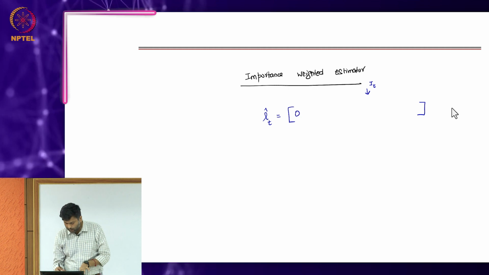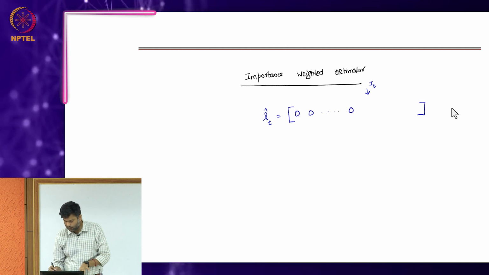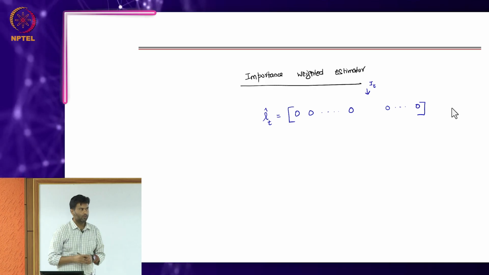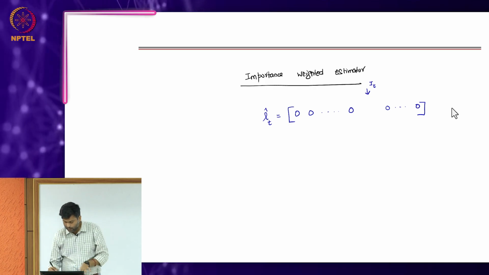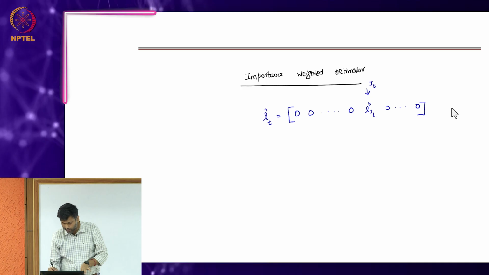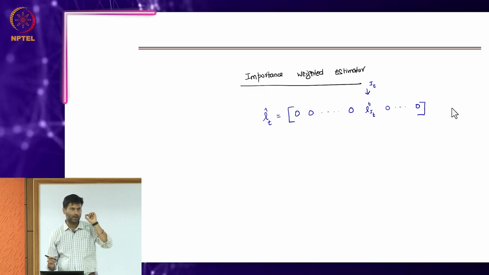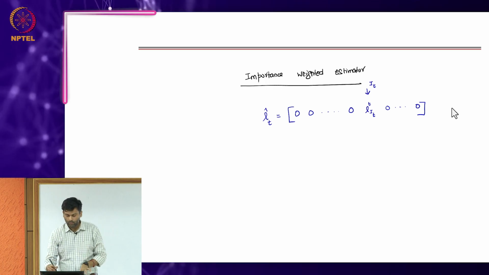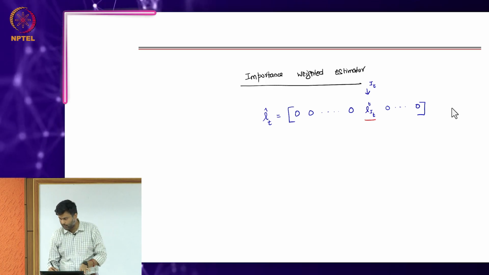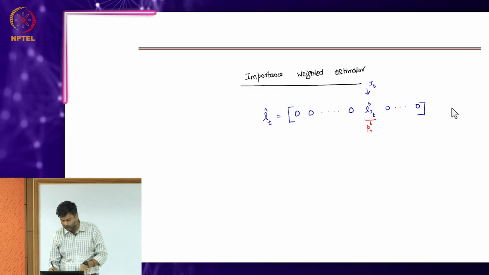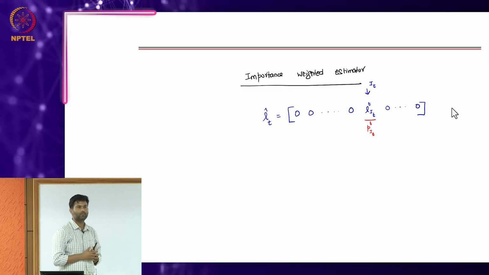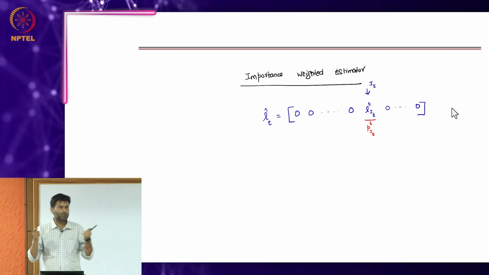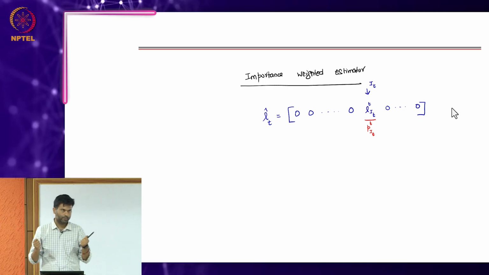For every other arm I put 0 as the value. For the arm that I chose, I observed L_t(I_t), but I am not going to use it directly. I am going to divide it by the probability with which I actually picked that arm in this round. That is the trick.